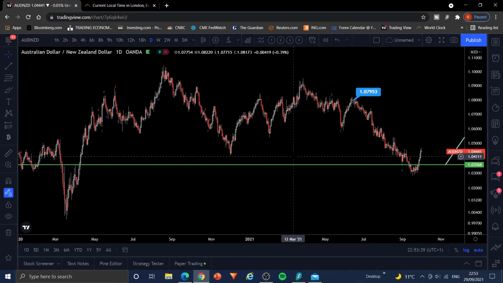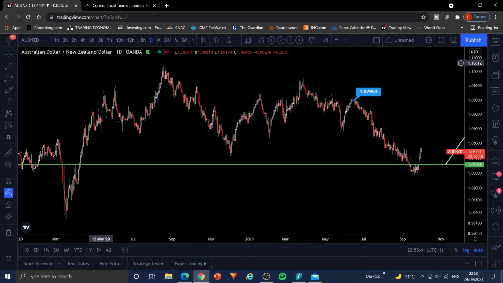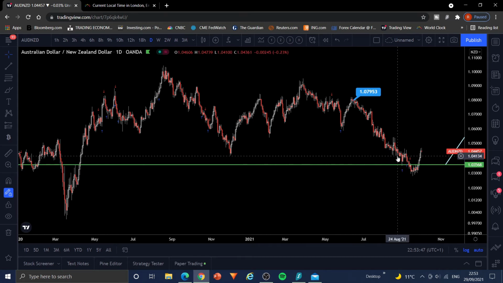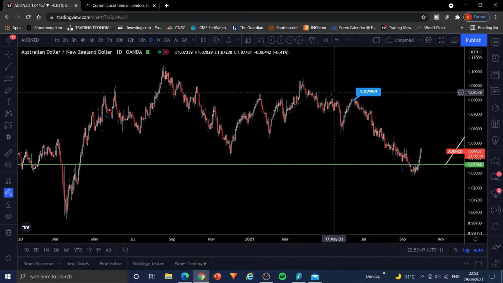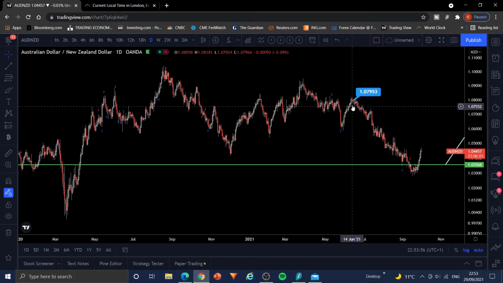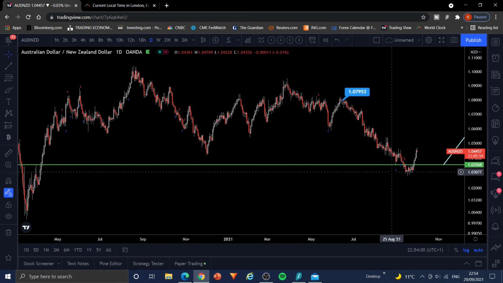Let's just talk about it, guys, because here we are. A daily chart of the Australian dollar, New Zealand dollar, and by the time you will have seen this video that I'm posting to you now, you will have already seen me trade from in here short, take some profits here, and price go back up there, sell again, and boy, what a trade down to the bottom here.